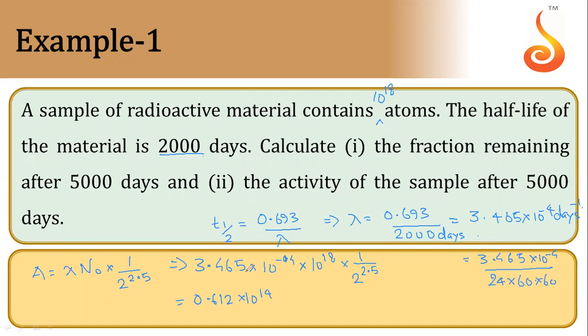So in place of 3.465, you also have to divide by 24 into 60 into 60. So our answer will now come as 0.070894 into 10 raised to power 10 becquerel. So this should be our answer.